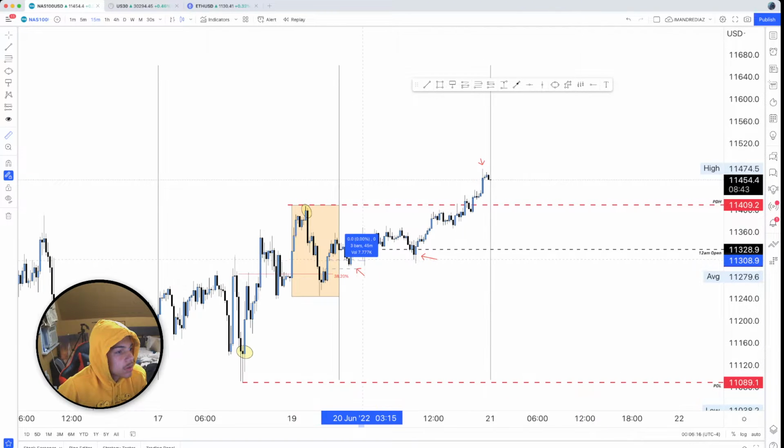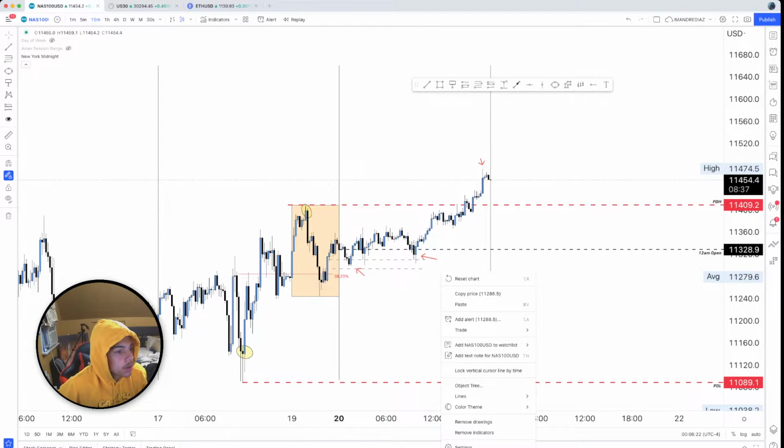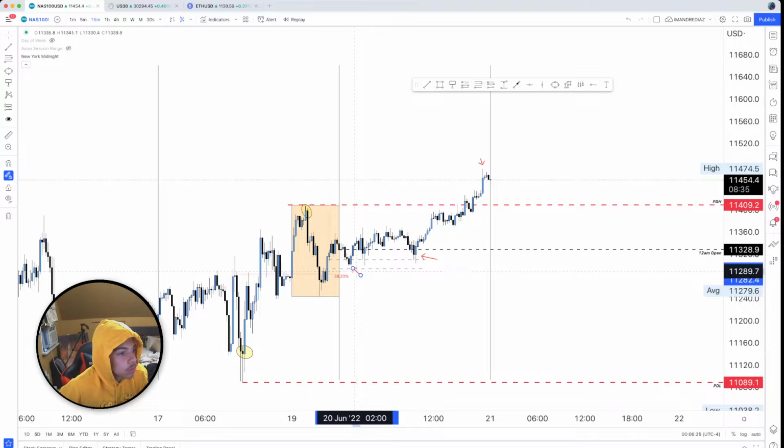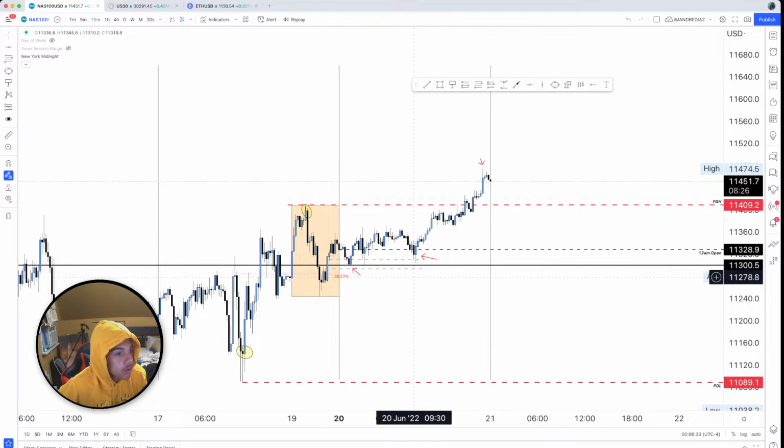We did come into the fair value gap 2 times, as you can see, but overall this is where price first tapped into it, and that just happens to be when price also tapped into what level? 11,300. So 11,300 rejection, creating the low of the day at 1:30 in the morning below the 12 a.m. open after price traded into this fair value gap.